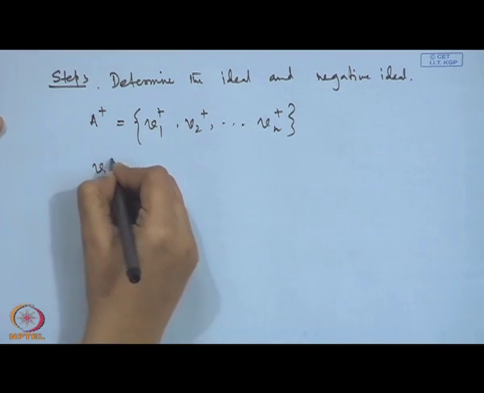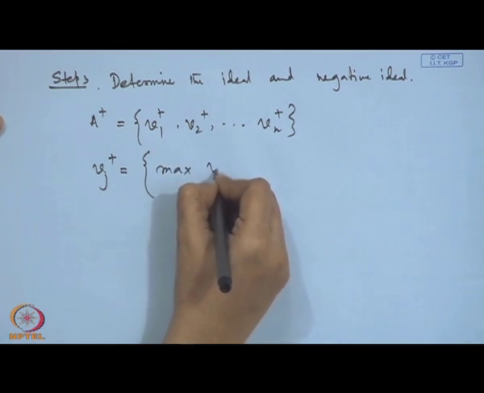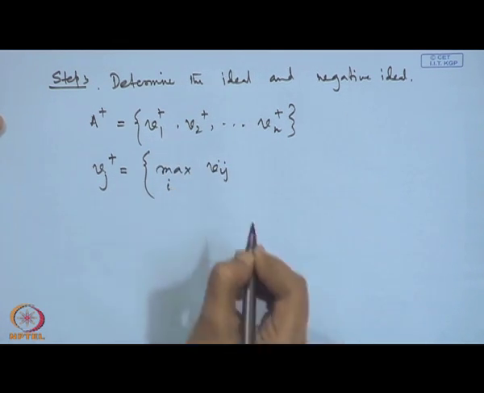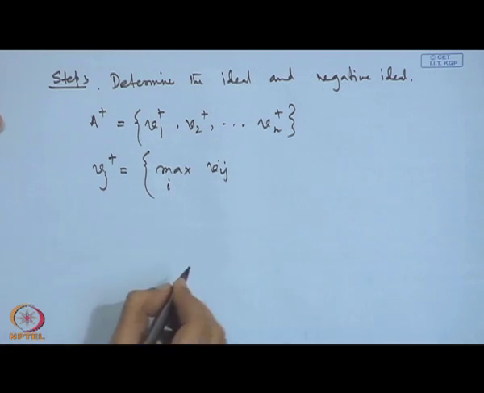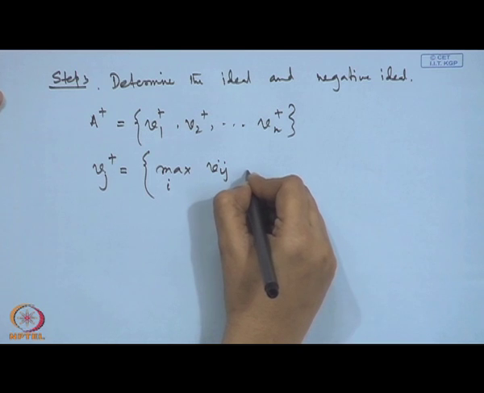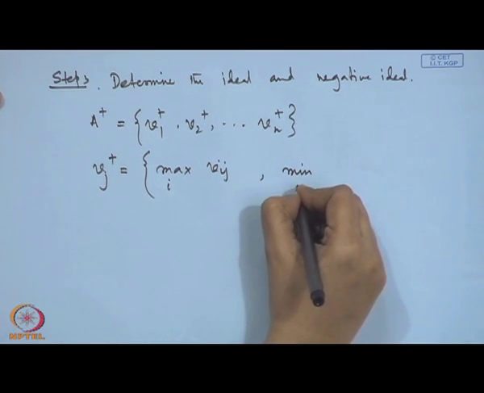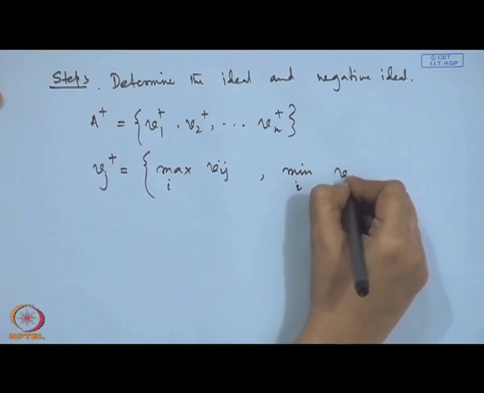Here we are considering Vj plus equal to max of Vij for the benefit attributes, because we want to maximize the objective function for the benefit attributes, and for the cost attributes we will consider the minimization of all.